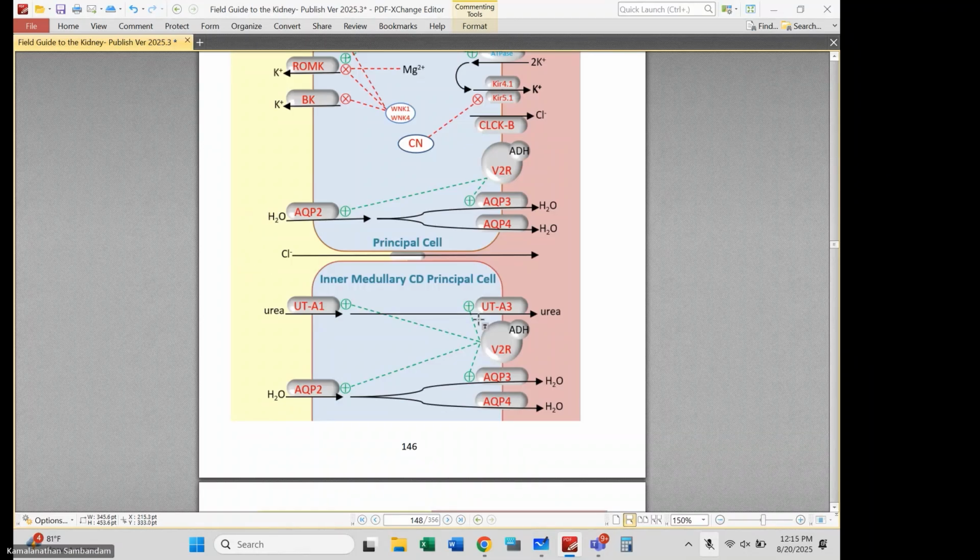Okay, and that too is regulated by vasopressin. You can see that vasopressin increases the reclamation of urea, and so increases the tonicity of the medullary interstitium. That favors more water reflux.